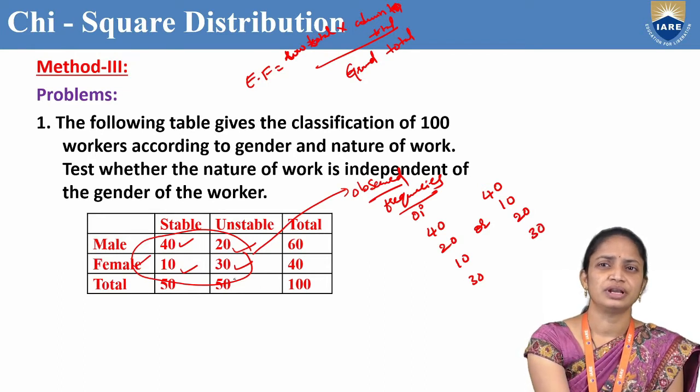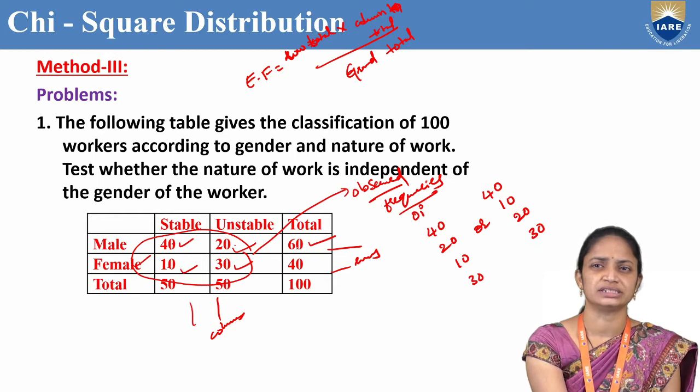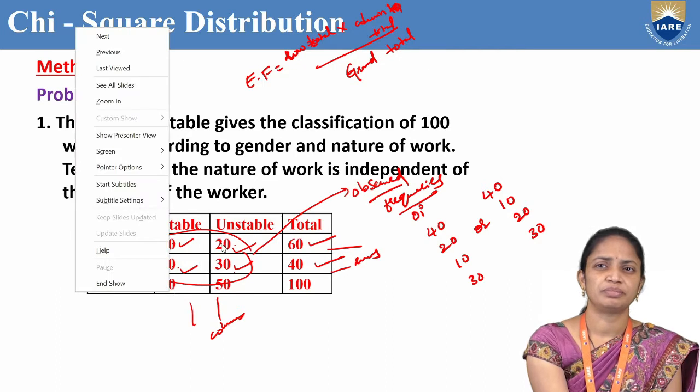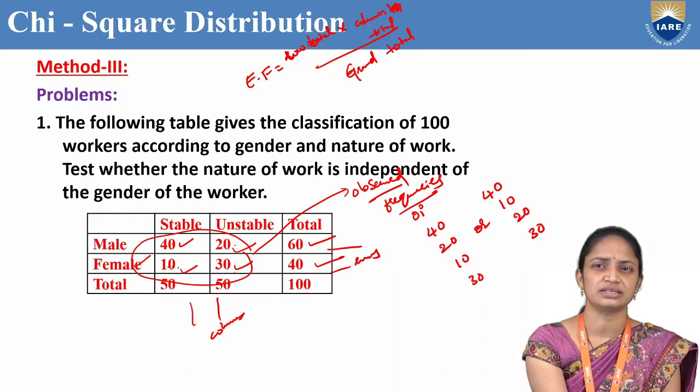Next, the row total: 40 plus 20 is 60, and 10 plus 30 is 40. These are all rows and these are all columns. The column total: 40 plus 10 is 50, and 20 plus 30 is 50.